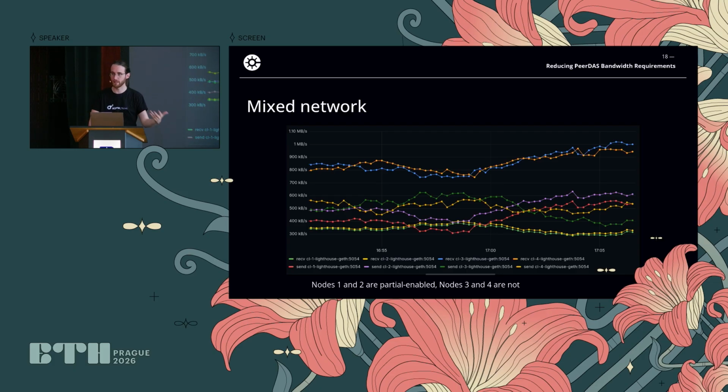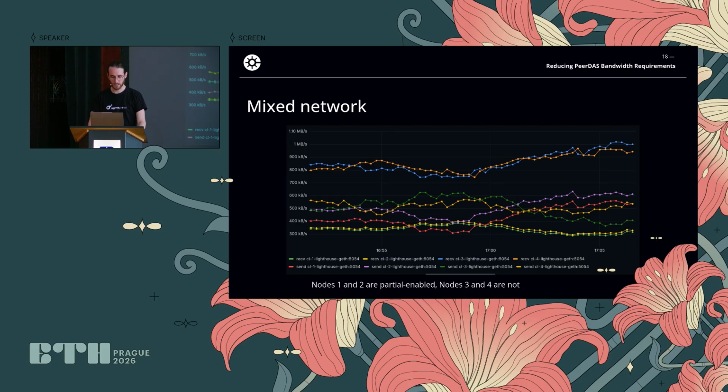That's of course higher than the 250 for the fully partial network, because these nodes still need to talk to the full column-only nodes, but it's already a pretty good improvement. The lines in the middle represent send traffic, but during preparation for the talk, I noticed there's a slight bug in the calculations, so disregard those for now.